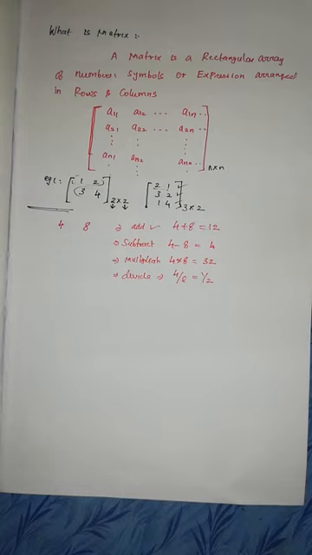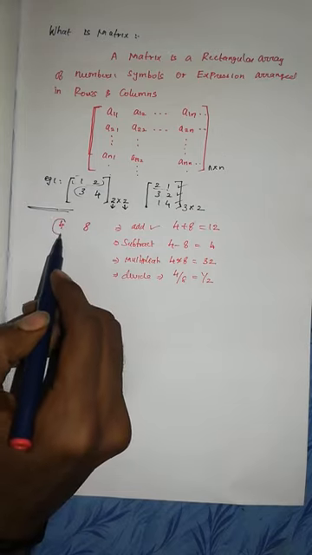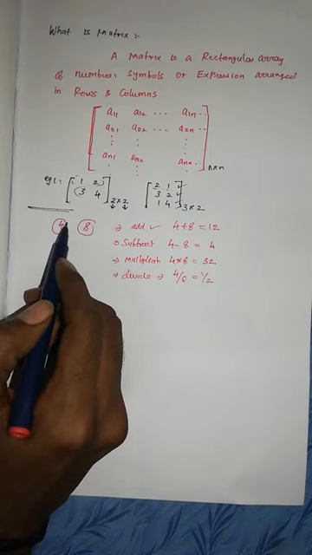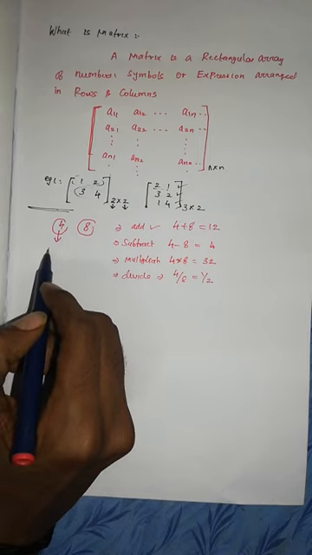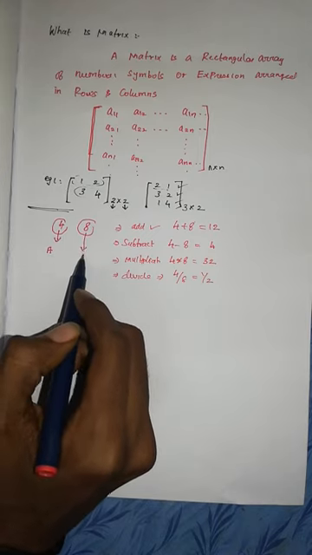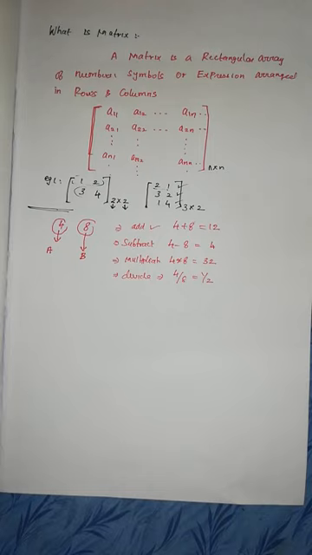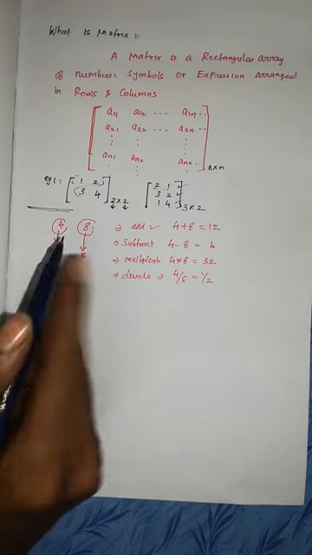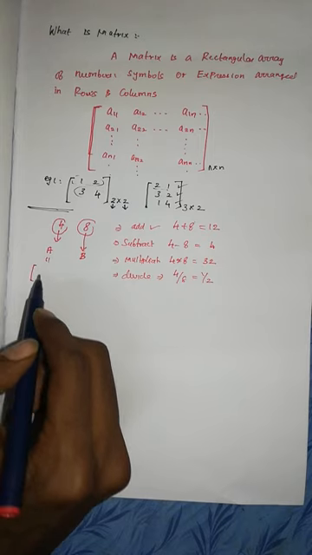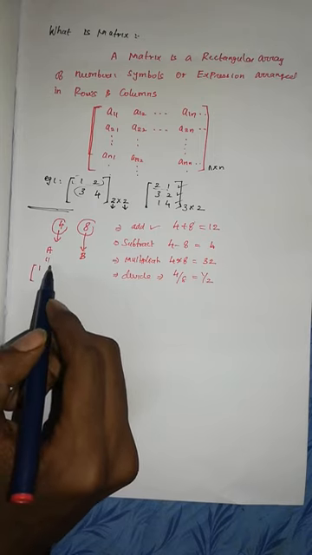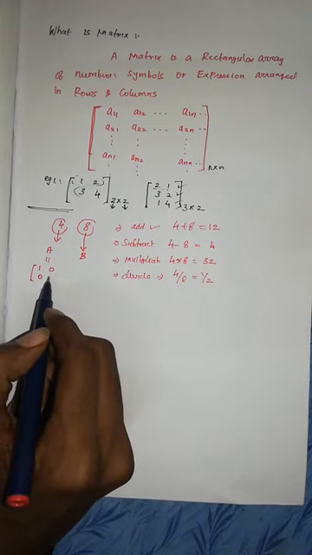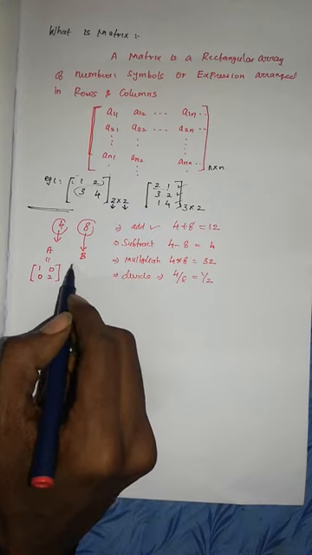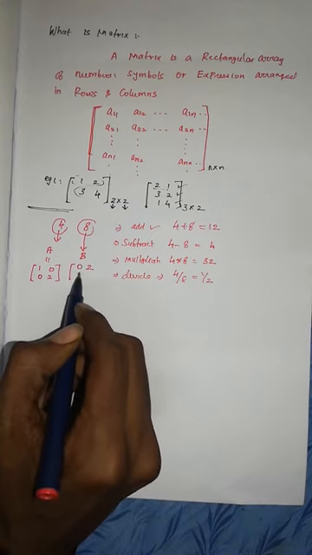Now imagine that instead of two numbers I have two matrices, let us say A and B. For the sake of simplicity, I make a simple matrix A as 1 0, 0 2, and I name B as 0 2, 2 1.